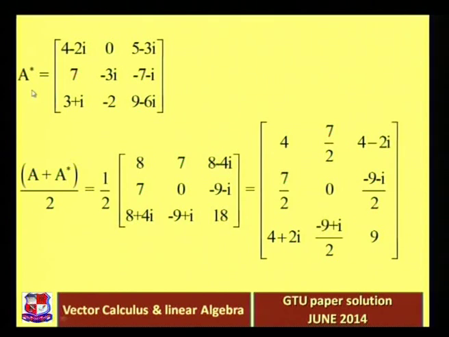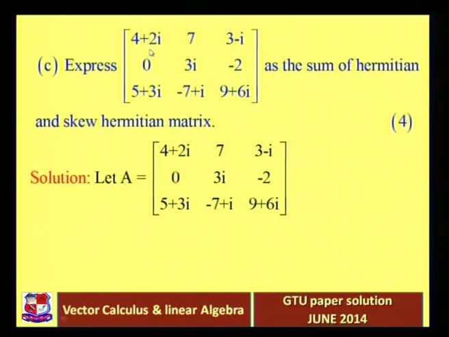Now this is A star. A star is 4 minus 2i, the complex conjugate. You can see we have to write all the complex conjugates of all the numbers. Instead of 4 plus 2i, we write 4 minus 2i, then 7. Instead of 3 minus i, just change the sign of the coefficient of i.